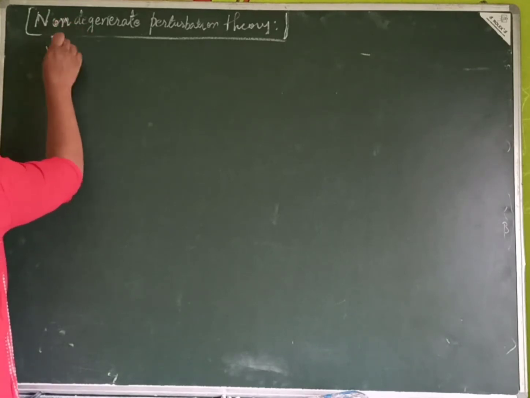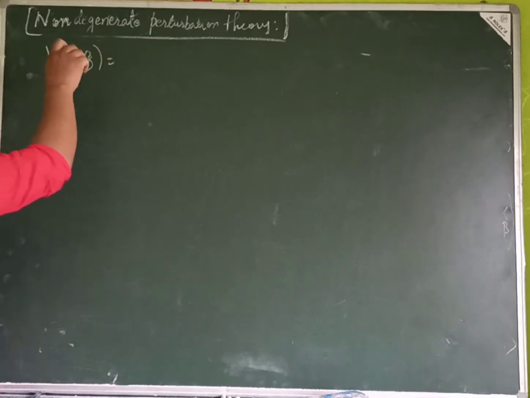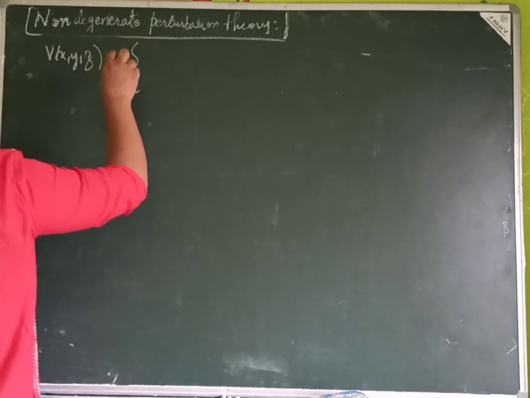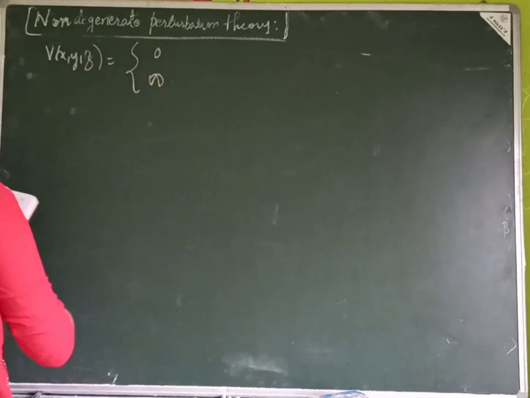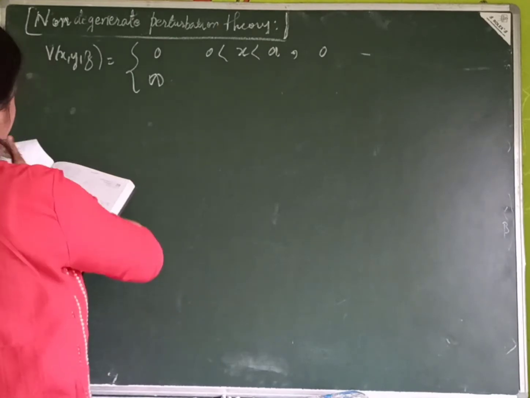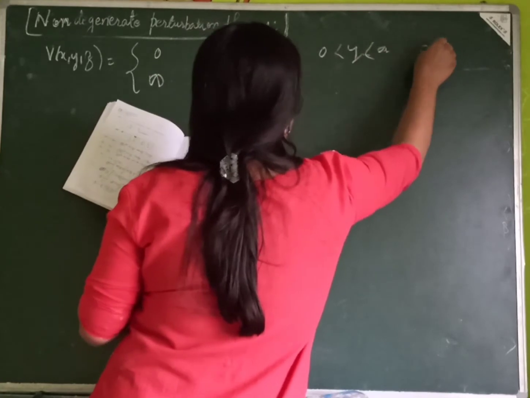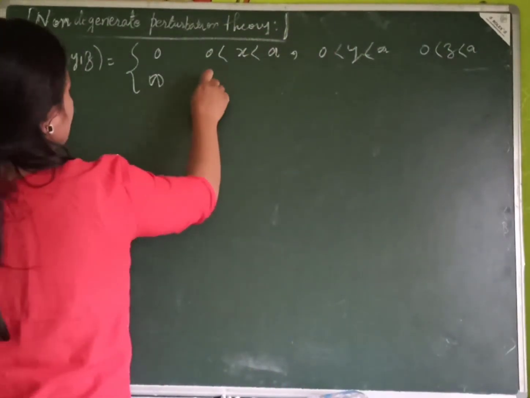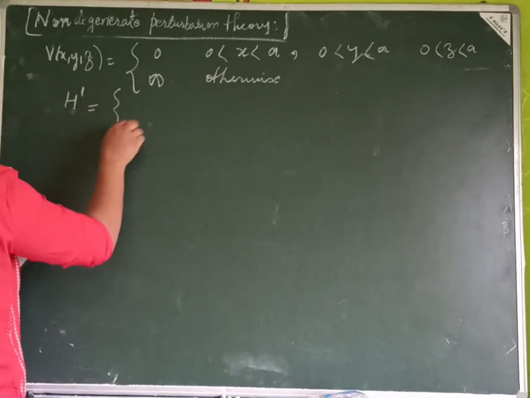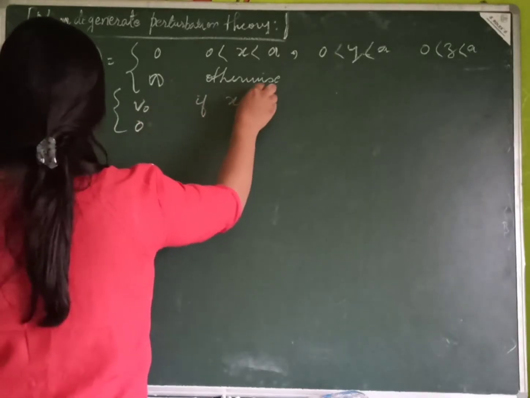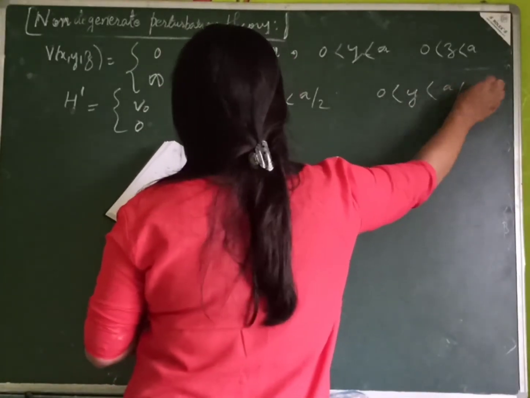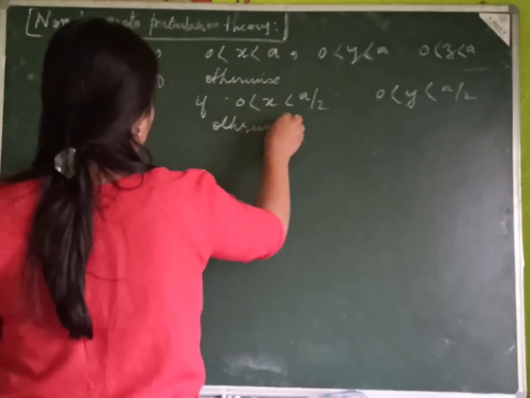The perturbation I am introducing, H prime, looks like V0 for 0 less than x less than a by 2 and 0 less than y less than a by 2, and 0 otherwise.